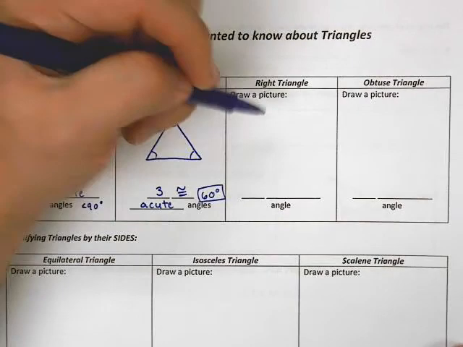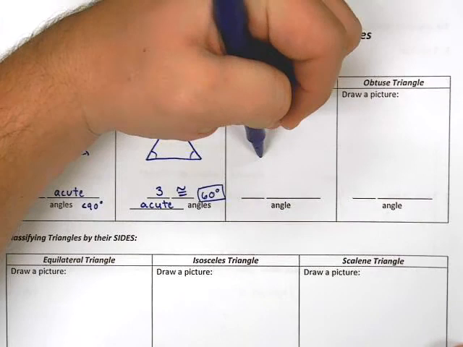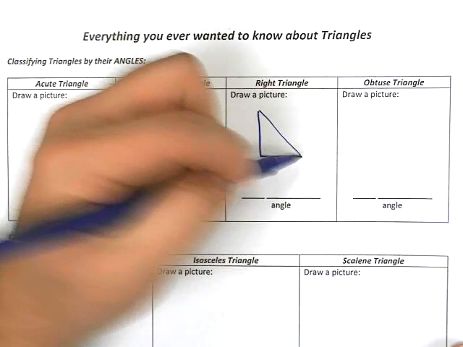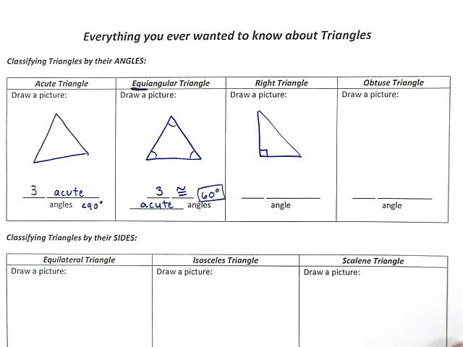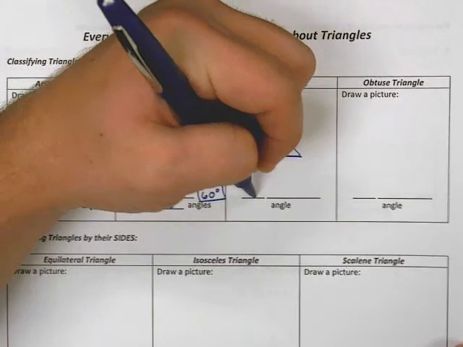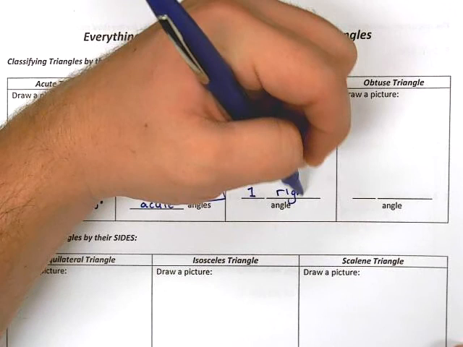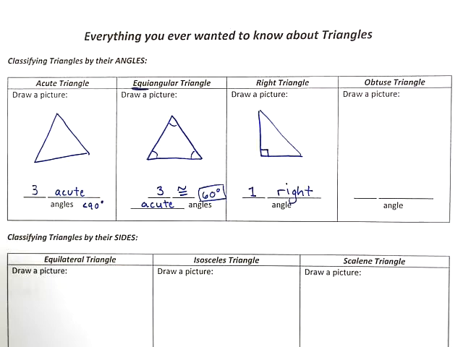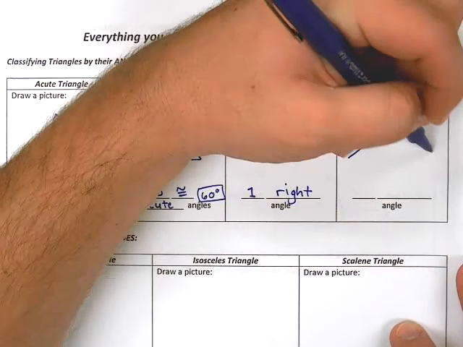Then we have a right triangle. I think you guys probably know this one. Something like this. All that we really need is one right angle. So, one right angle, which is good to know. And then an obtuse triangle. Something maybe like this.